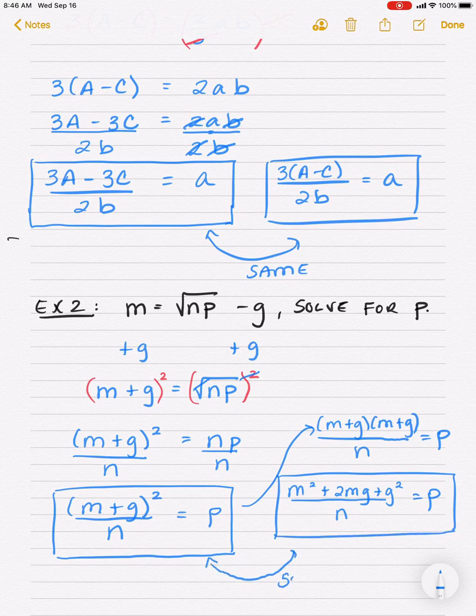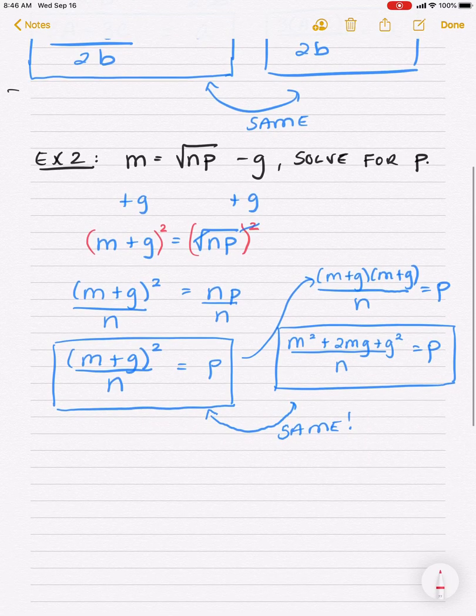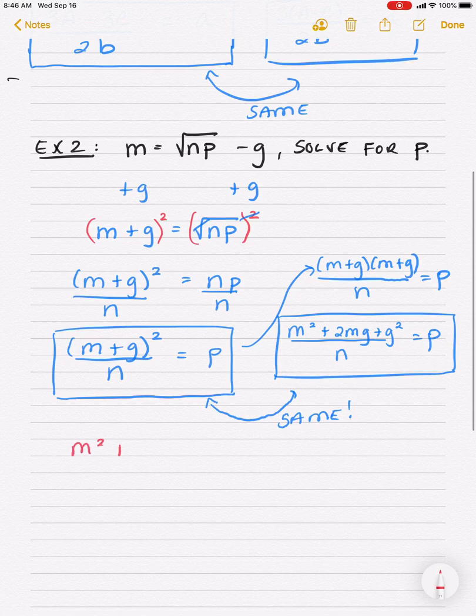These are the same. But I'm going to go to my red pen because this is going to be the wrong answer. Let's say you think it's going to be m squared plus g squared divided by n. Now you're incorrect because you don't ever distribute the squared. So I don't mind if you write it in equivalent forms, but you do have to make sure that it is mathematically simplified and correct.